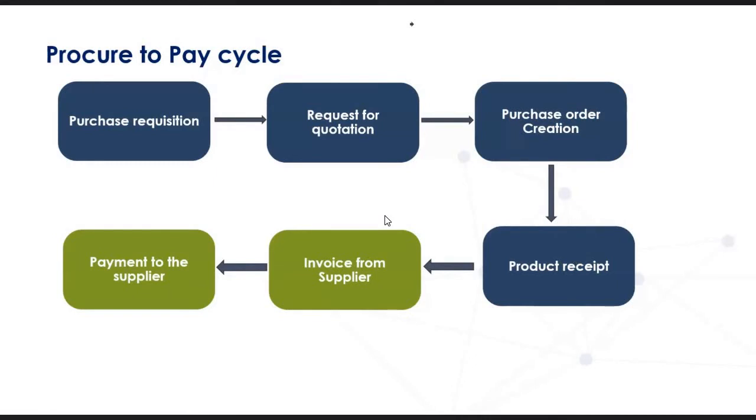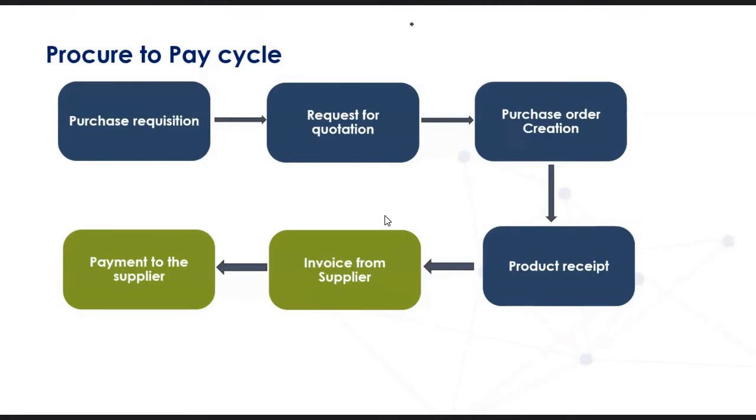There will be a person at the warehouse, usually receiving clerks, who will receive the material. They receive the material from the vendor and do the product receipt in the system. In D365 terminology, you call that a product receipt. We received the product.